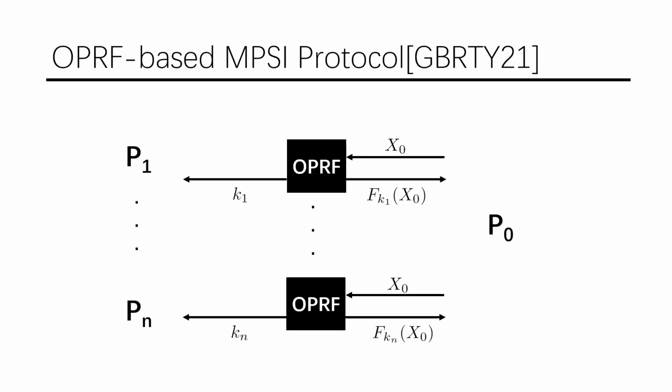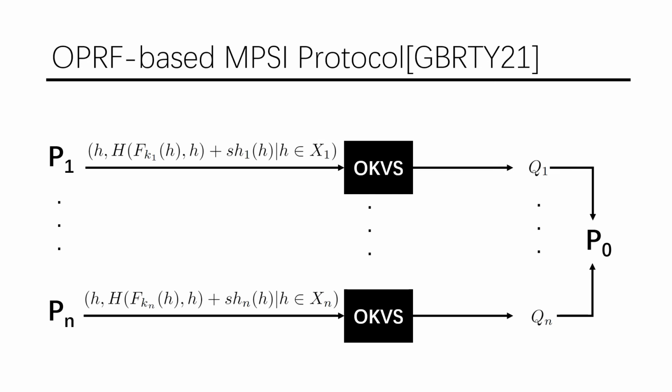P0 runs many instances of the malicious OPRF functionality, once with every other party, and then Pi obtains the key denoted by Ki, and P0 gets the set of the outputs of the OPRF on each element of its set. To ensure that P0 doesn't know any of the intermediate intersection values from the two-party OPRF outputs, unless all parties hold the corresponding element, parties use these zero shares to mask their OPRF outputs.